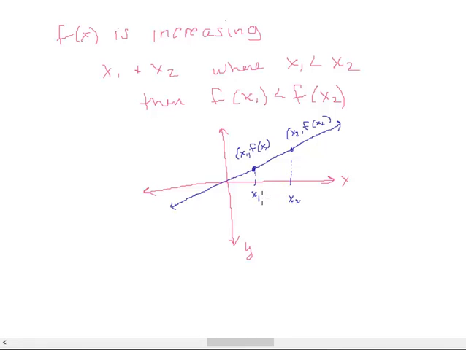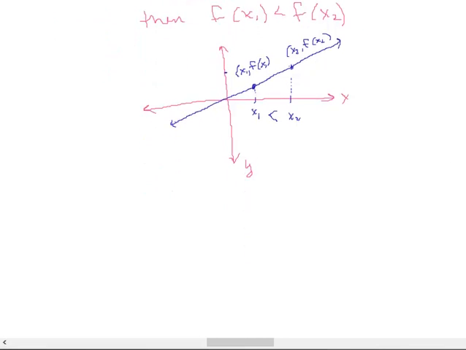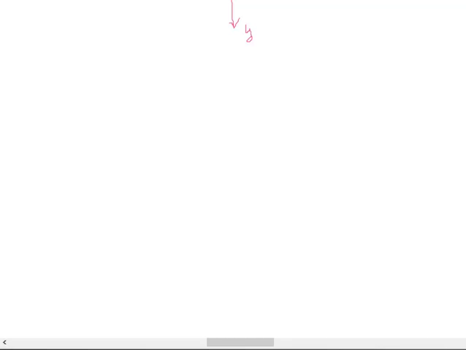If x1 is less than x2, then it would be to the left of it on the x-axis. And if the function is increasing, then this y value, or f of x2, would have to be larger than this y value, f of x1. So that's where that definition comes from. But when you're eyeballing a graph, really you just need to read the graph the way you would read a book. So if it's increasing from left to right.